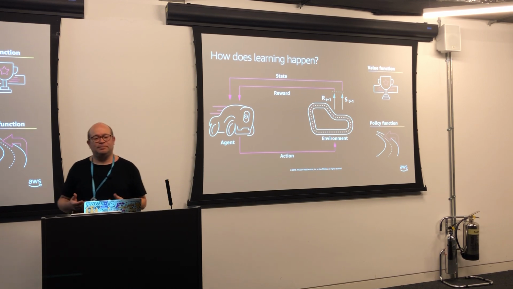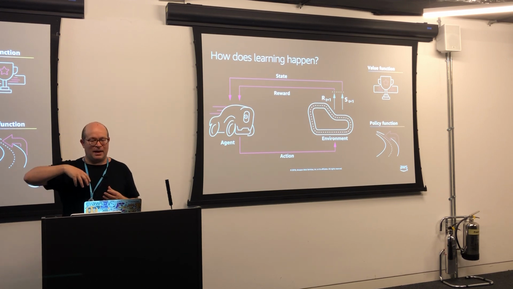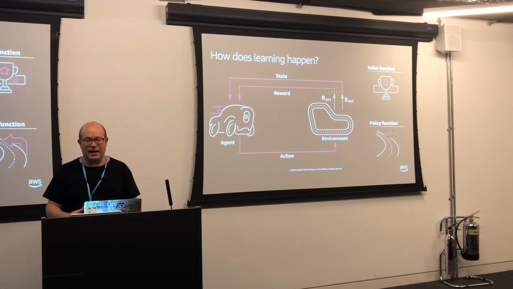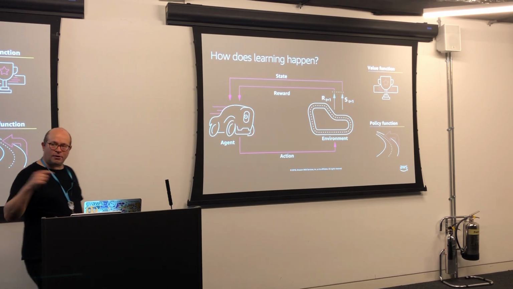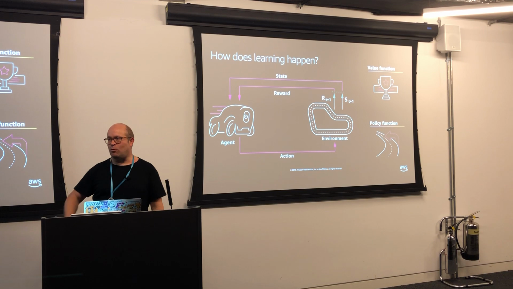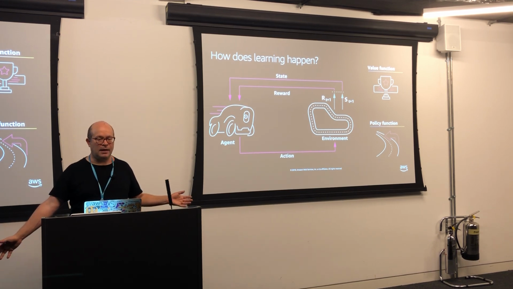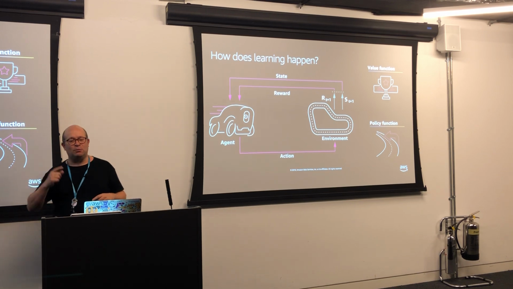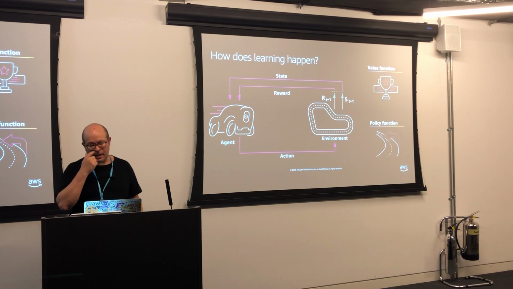And when it does that, it will go into a new state. So it's the S+1. I was here, I'm now here, that's the next state. In the process of doing that, I will be rewarded. Now that might be a very small reward, it might be a very large reward. And then the agent will repeat that over and over again, and we call that an iteration.